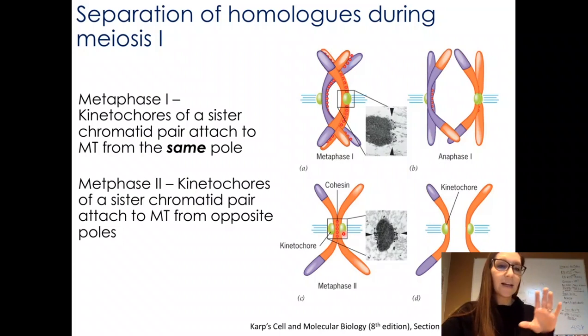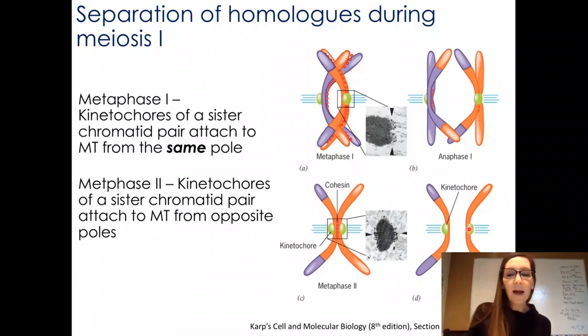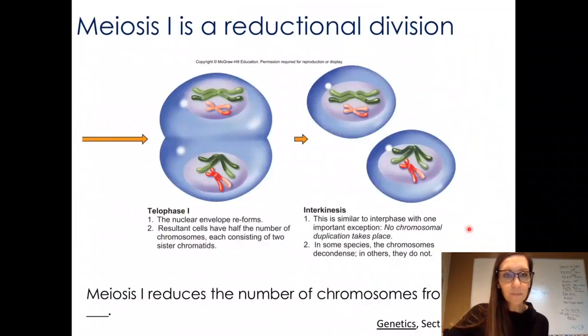So shugoshin gets phosphorylated when there's this tension across, and it moves and therefore doesn't recruit phosphatase in, and so because of that, you get the cleavage of cohesin and the separation of sisters in the second round. Okay. You don't need to know the details of the shugoshin here. I don't have it on the slide, but just for those of you who were kind of wondering about that, I included that detail. Okay, on to meiosis.